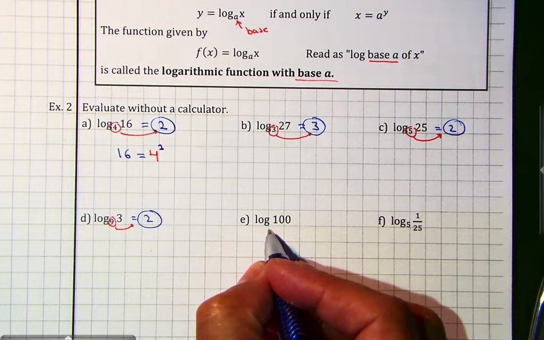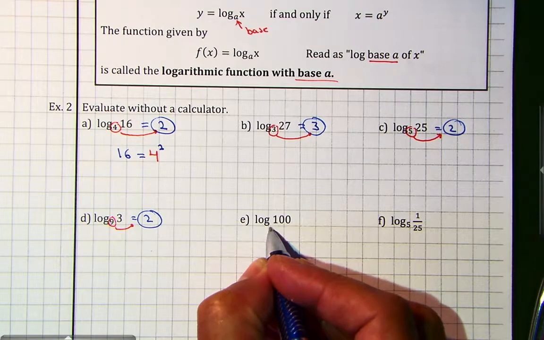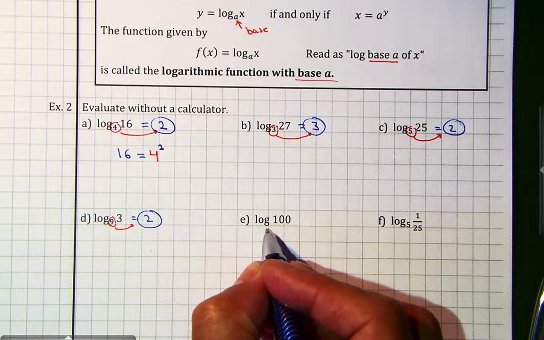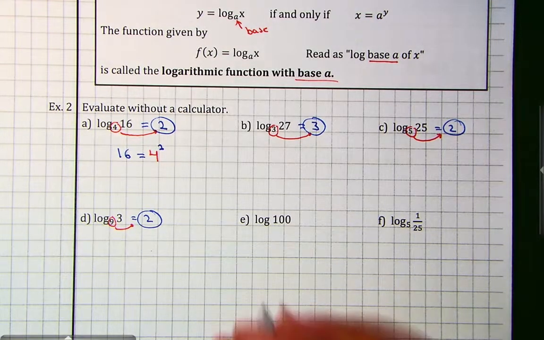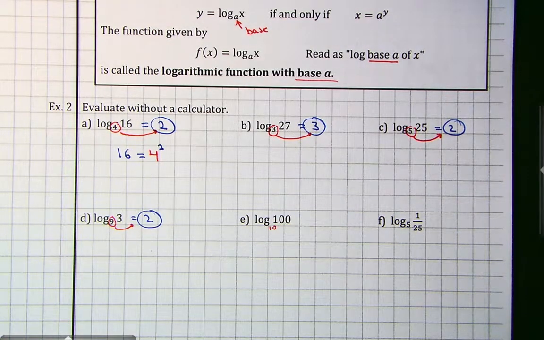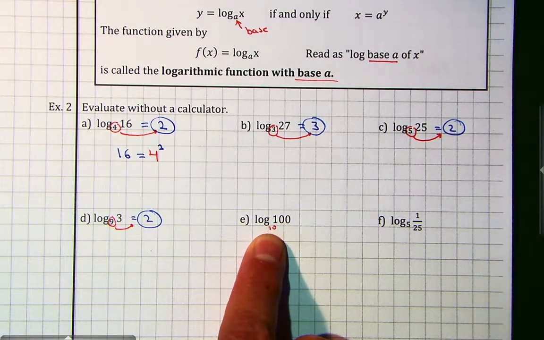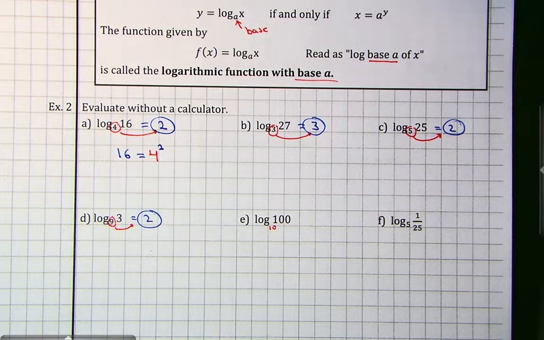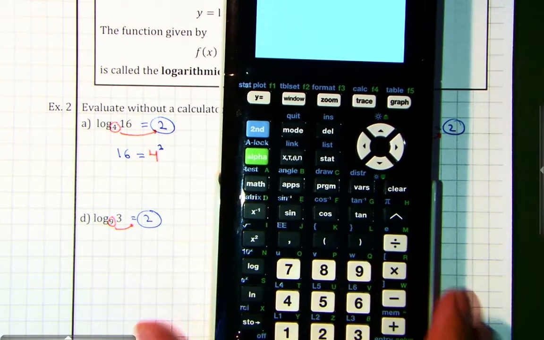Now, if there's no base for this log, do you remember what the base is? Yeah, if there's no base, we say it's base 10. That is what we call a common log. And if you notice on your calculator, we have a log.